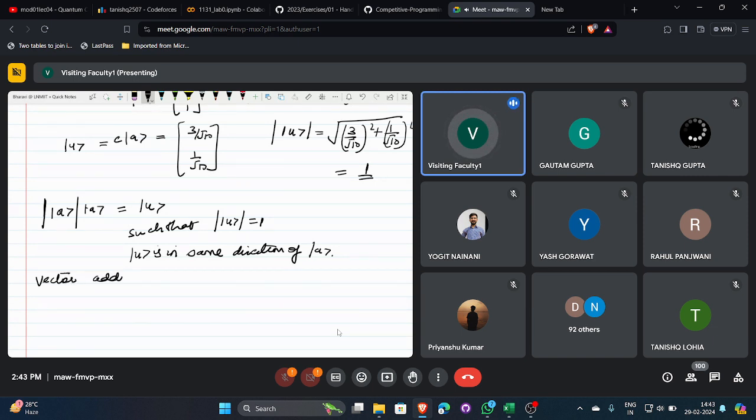The same concept is there, I'm just making you comfortable with the terminologies bra and ket which we will use in the qubit notation.